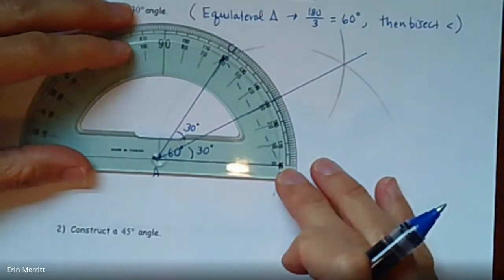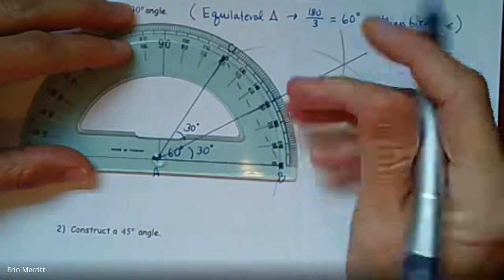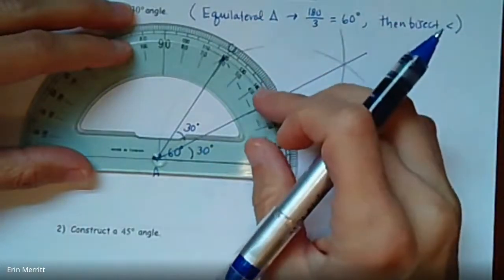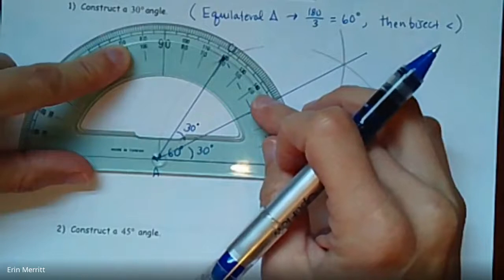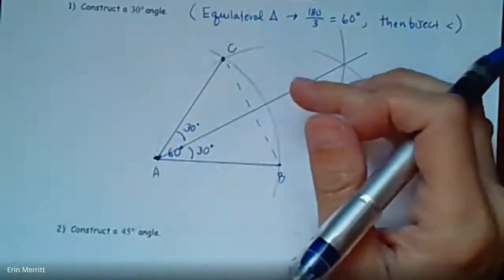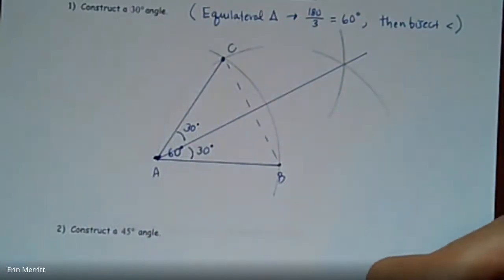I might be slightly closer to between 30 and 31 degrees right here. So what I want to make sure of, though, is we are not drawing an angle. We are constructing an angle. So if you have a protractor and you want to check, awesome. Otherwise, do not get out a protractor and measure an angle. I want you to construct one, all right?